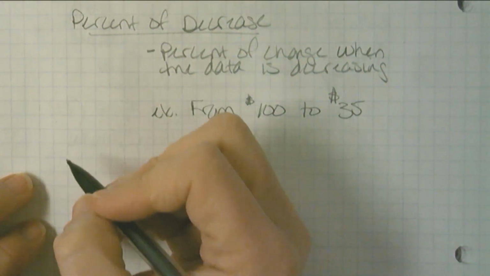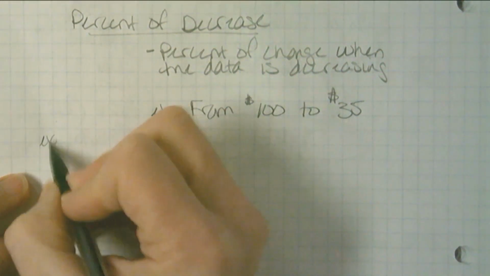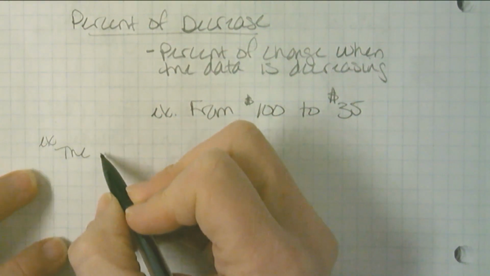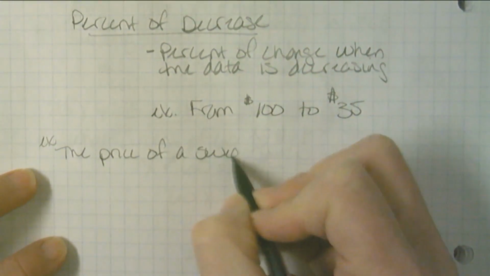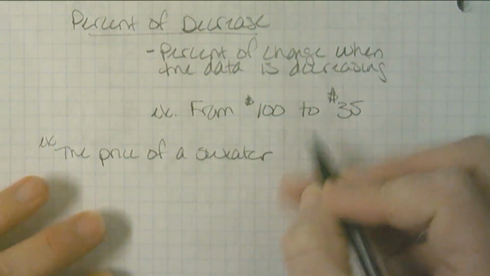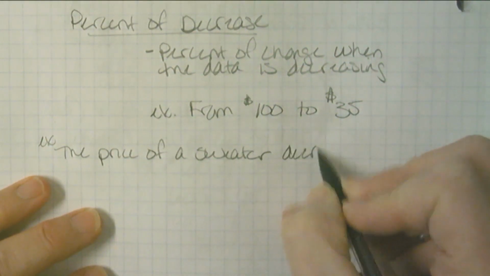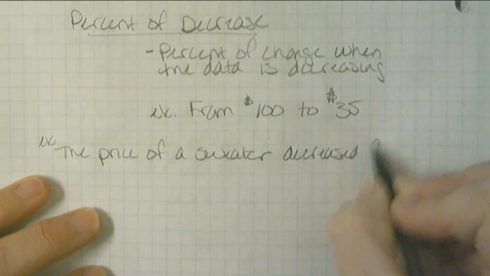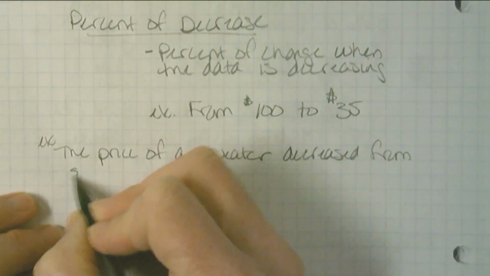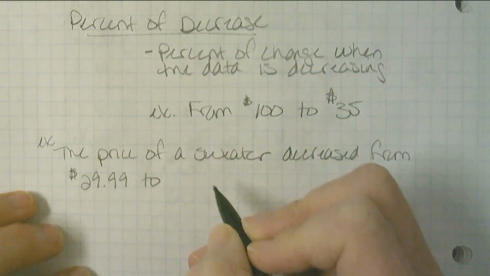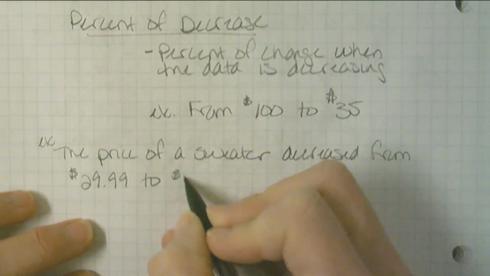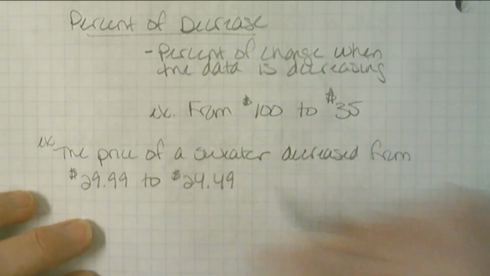So here is our example. The price of a sweater decreased from $29.99 to $24.49.